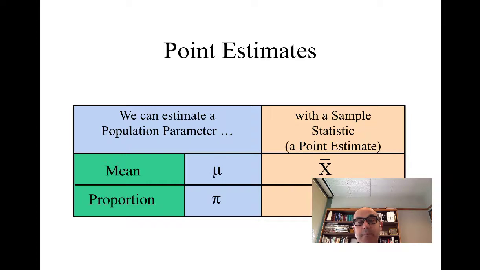When we have a sample statistic, a point estimate, we have X bar, compared to when we estimate the population, where we usually use the mean.